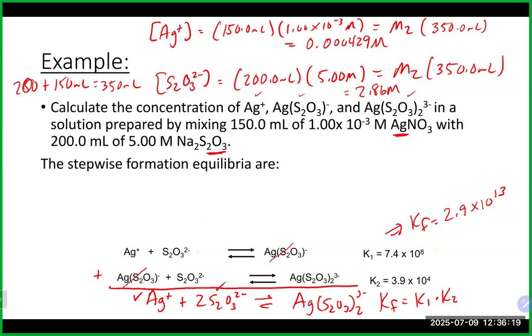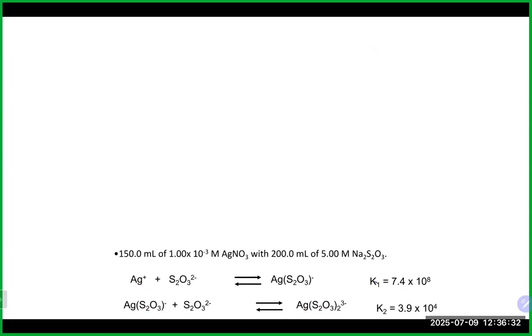All right, since we're really looking for everybody's concentrations, we can basically do an ice table with the overall reaction that's happening here. So I'll take my overall reaction, which is my silver plus a couple of these guys, and that's going to give me my complex ion.